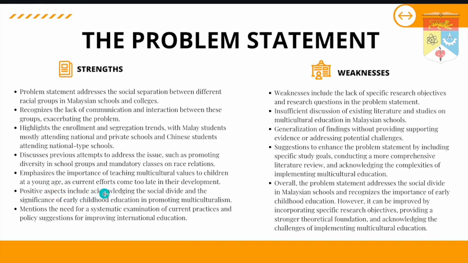Positive aspects include acknowledging the social divide and the significance of early childhood education, and it does mention the need for a systematic examination of current practices and policy suggestions.